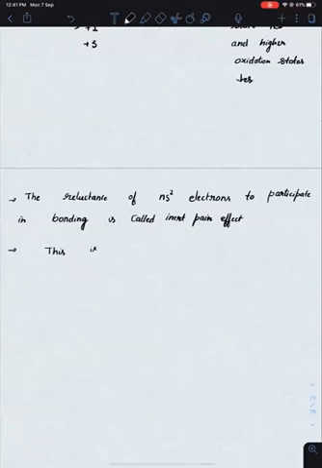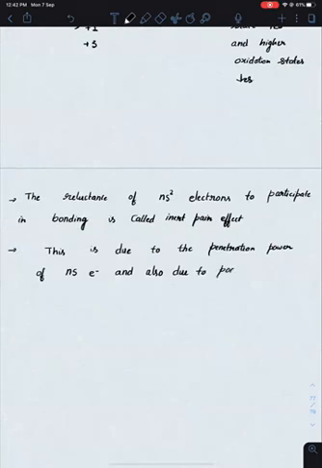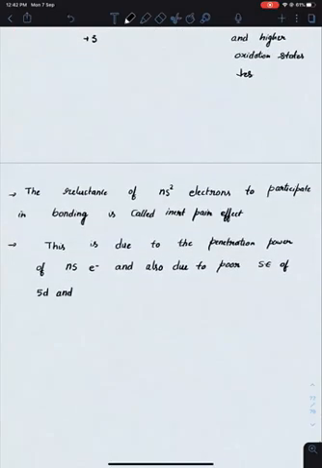Inert pair effect जो भी है, it is due to the penetration power of ns electrons and also due to poor shielding effect of 5d and 4f subshell electrons.